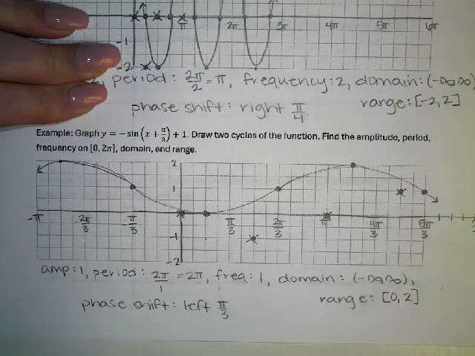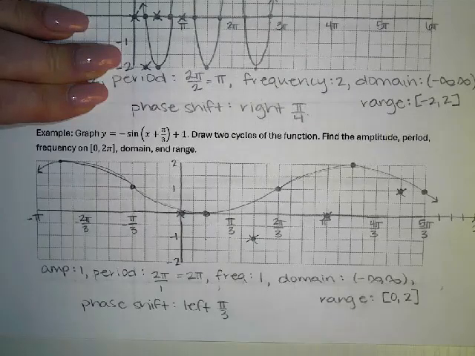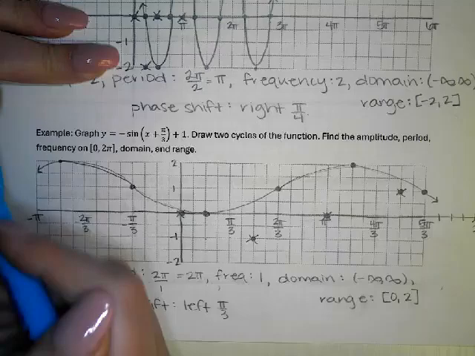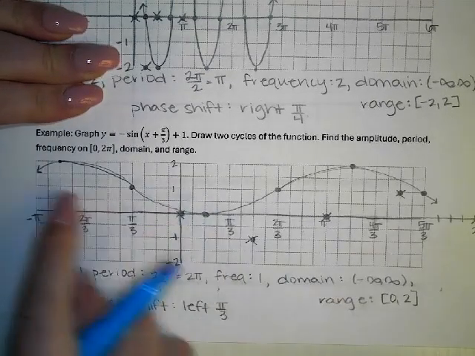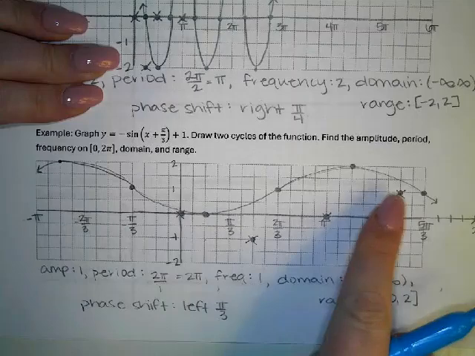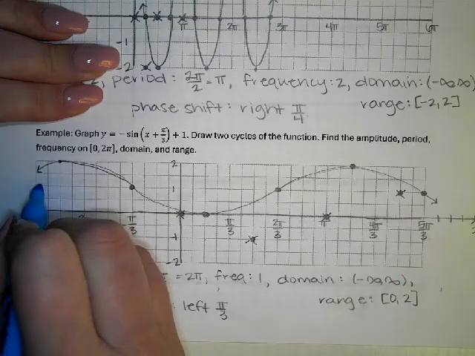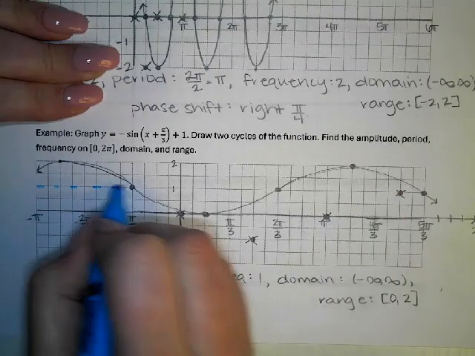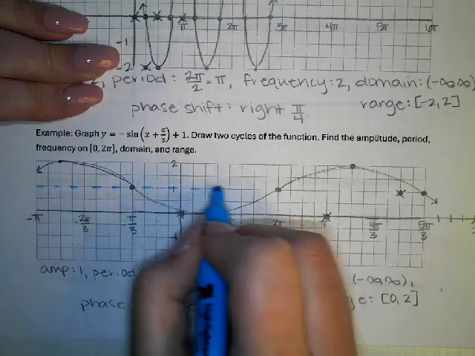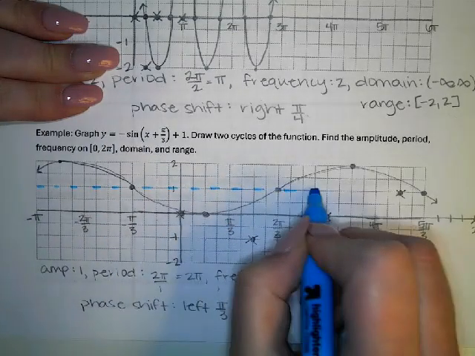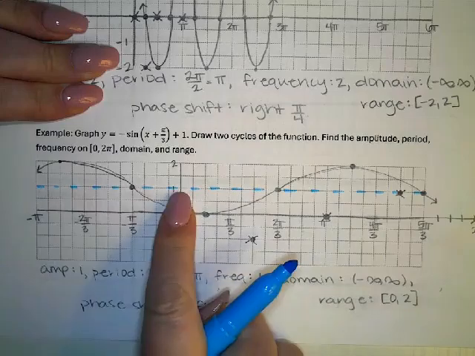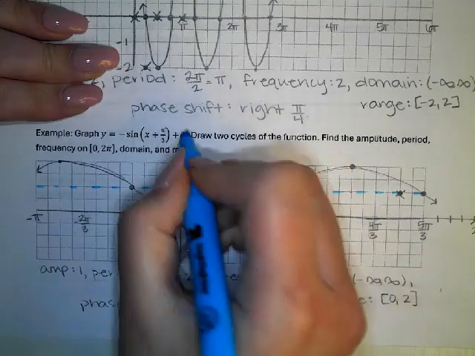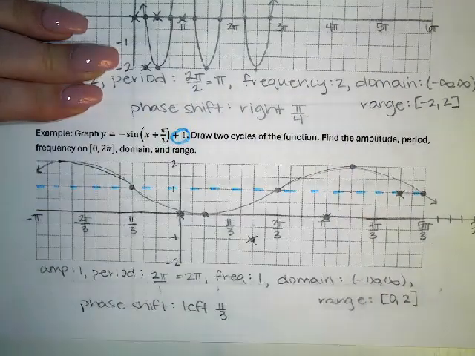Okay. One thing I want you to notice, and this will come into play when we do some of the application problems, is that if you look at the midline of these graphs, you can see the midline in the equation. So here's the middle, that horizontal line that cuts through the graph. Here's the midline, it's at 1, and it matches the +1 on the end of the equation.